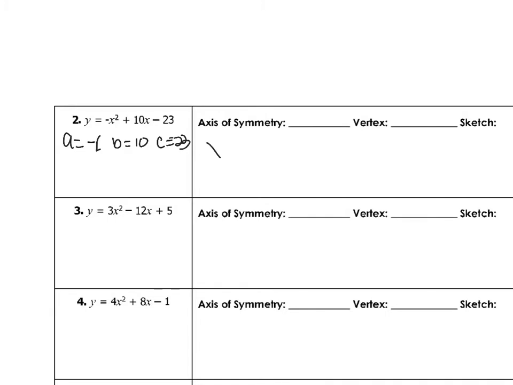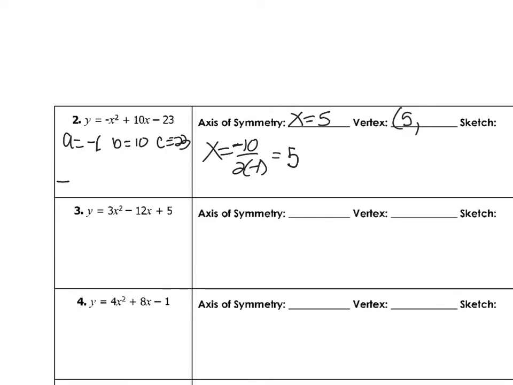So our axis of symmetry is the opposite of B over 2 times A. So -10 divided by -2 is +5. Now I can plug in 5 here.